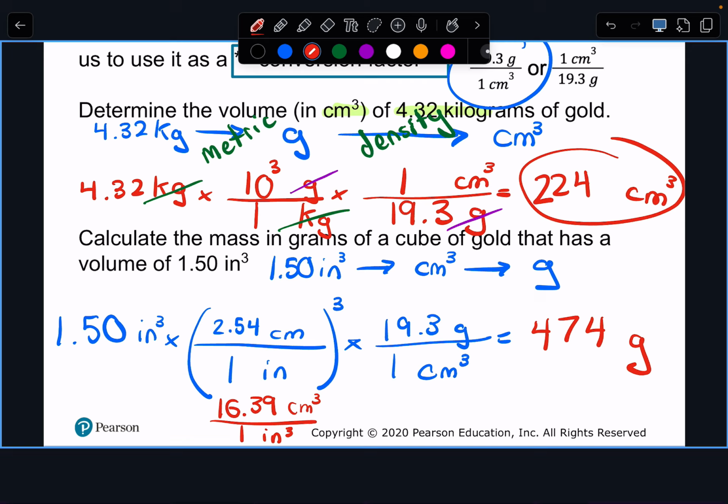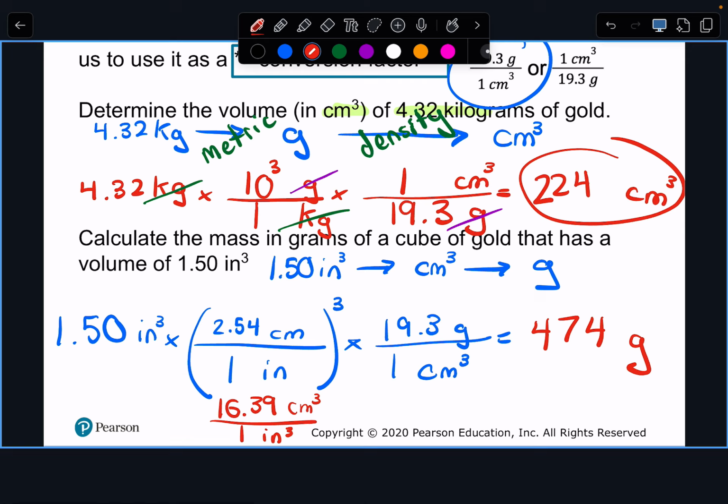So we know 2.54 centimeters is equivalent to an inch. So the way that we get it to cancel out with this one and so that we can use centimeters cubed is we take that conversion factor and we cube the conversion factor, which means we cube the number, we cube the unit, we cube the number, we cube the unit. So this one is 16.39. I didn't actually do that in my calculation.